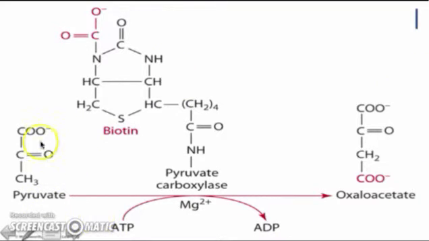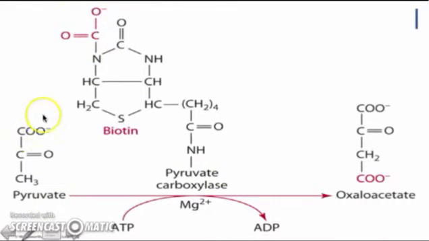Here's again a diagram with further detail of this biotin-dependent enzyme. So we saw the template basically of these carboxybiotin carboxylases, but we see the specific biotin-dependent enzyme here. So we see the biotin structure, we see the pyruvate carboxylase, and we see the CO2 here.